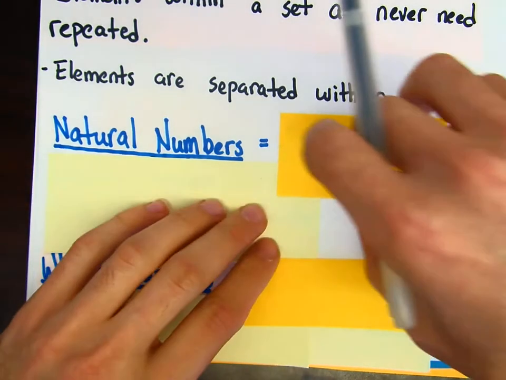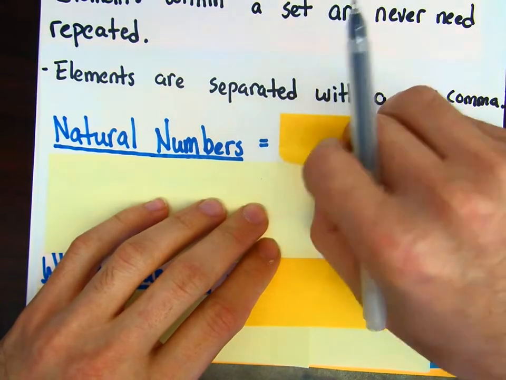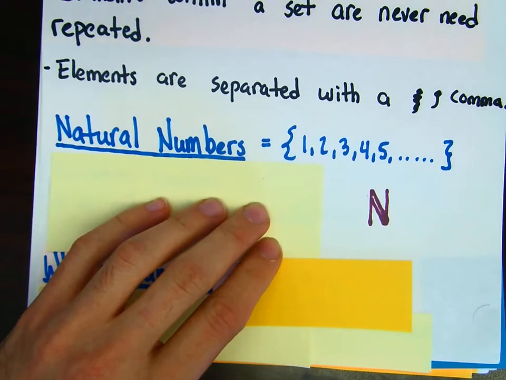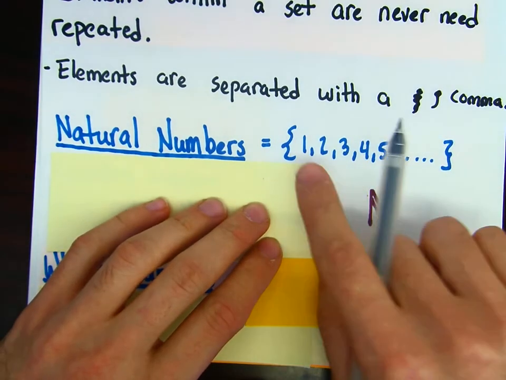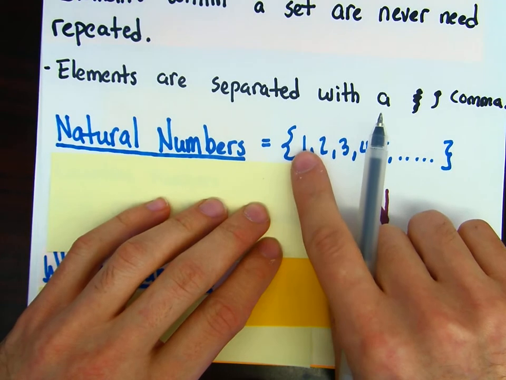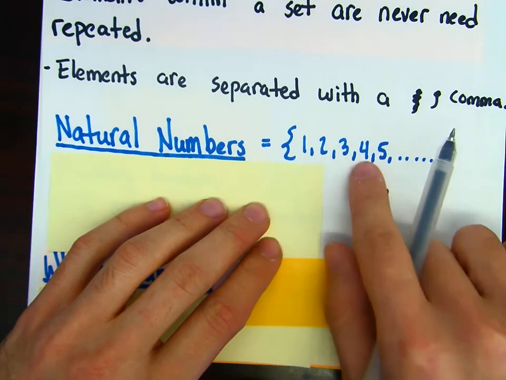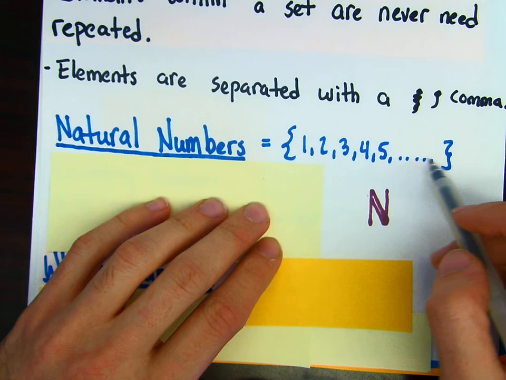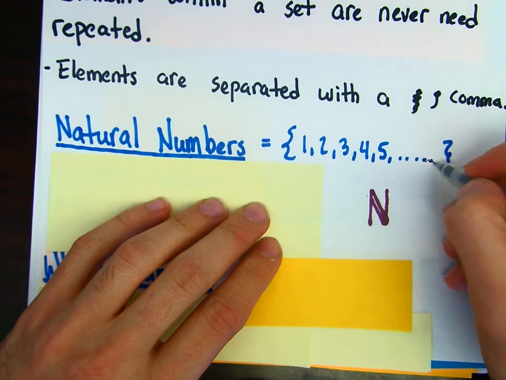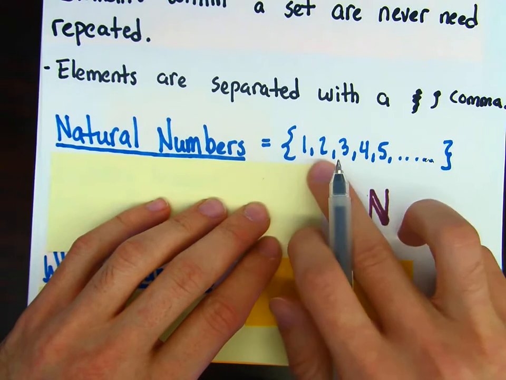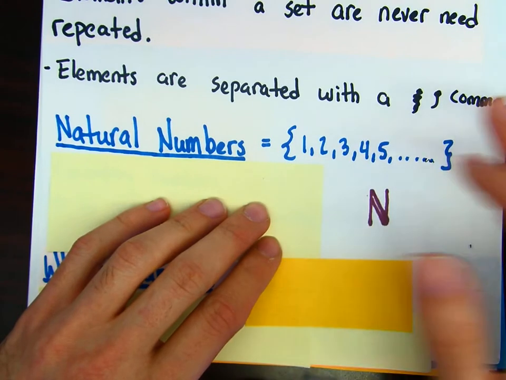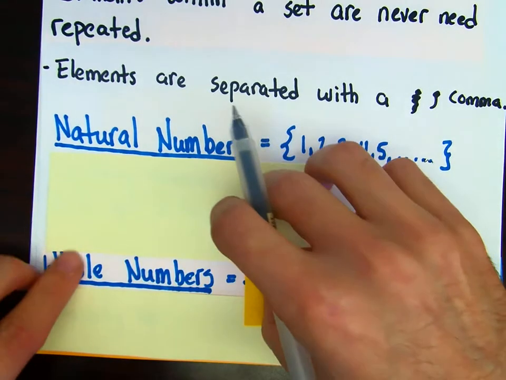Here, the set of natural numbers will be the counting numbers. So think of the first natural number you have as 1, 2, 3, 4, 5. And here we have this ellipsis that implies that the pattern continues. So it's 6, 7, 8. These are just positive whole numbers. That is the set of natural numbers, right?